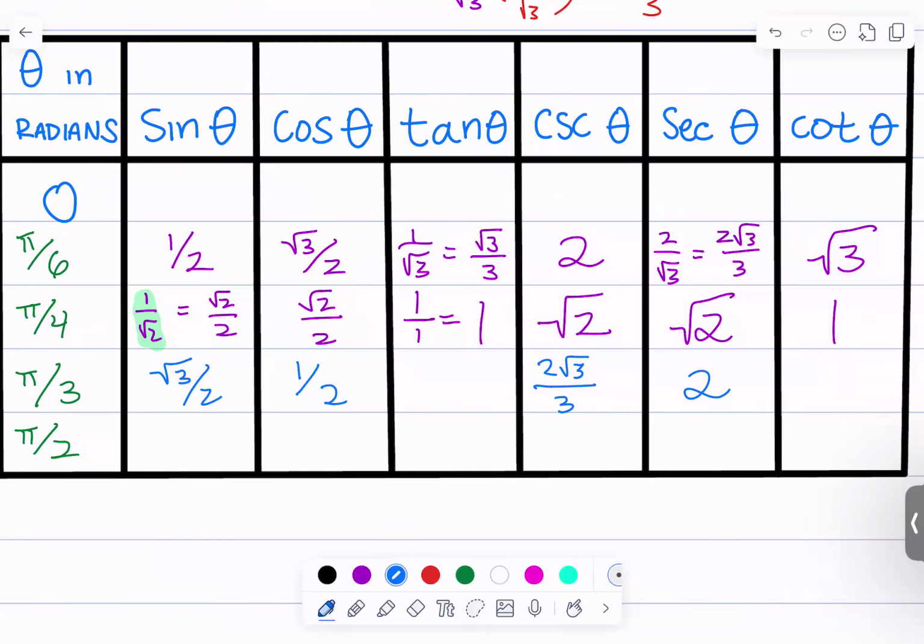Tangent is opposite over adjacent. Cotangent is adjacent over opposite, right? Opposite and adjacent is what flip-flopped in terms of 30 and 60. So the cotangent of a 30-degree angle is the tangent of the 60-degree angle, and the tangent of 30 is the cotangent of 60. Does that make sense?